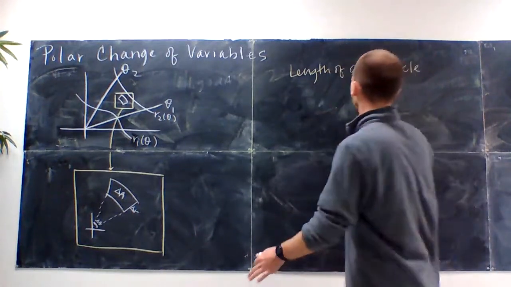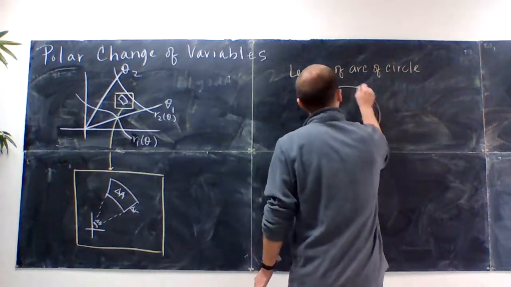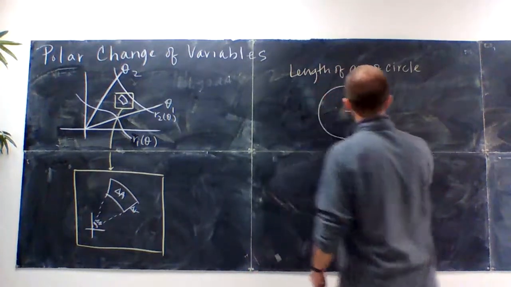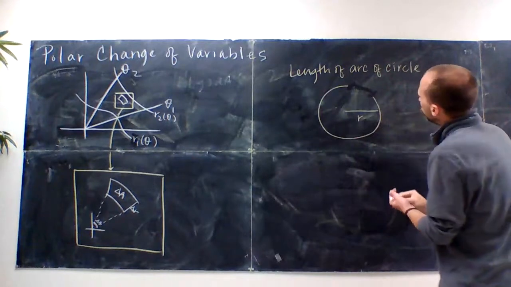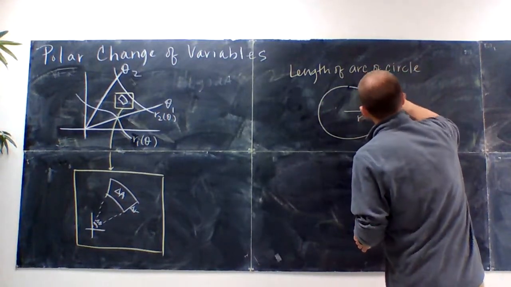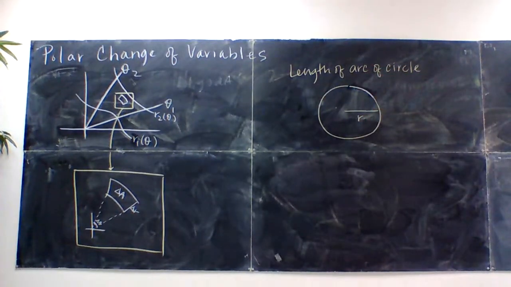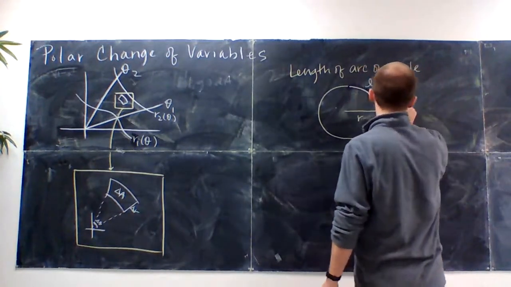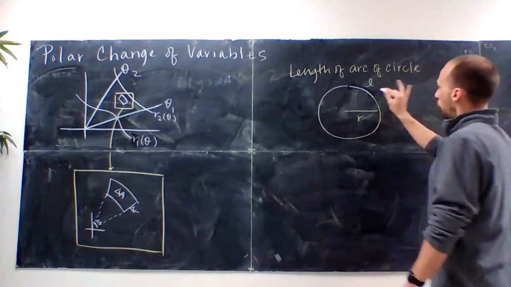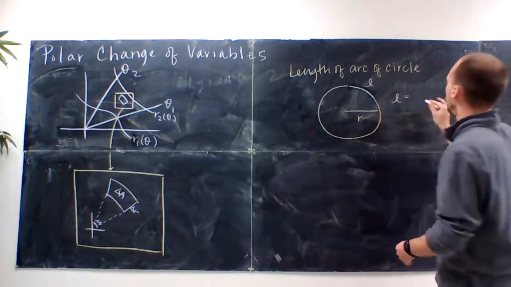We've got a circle with radius r, and we're interested in how much length is here. This length is going to be some proportion of the whole circumference, which is 2 pi r.